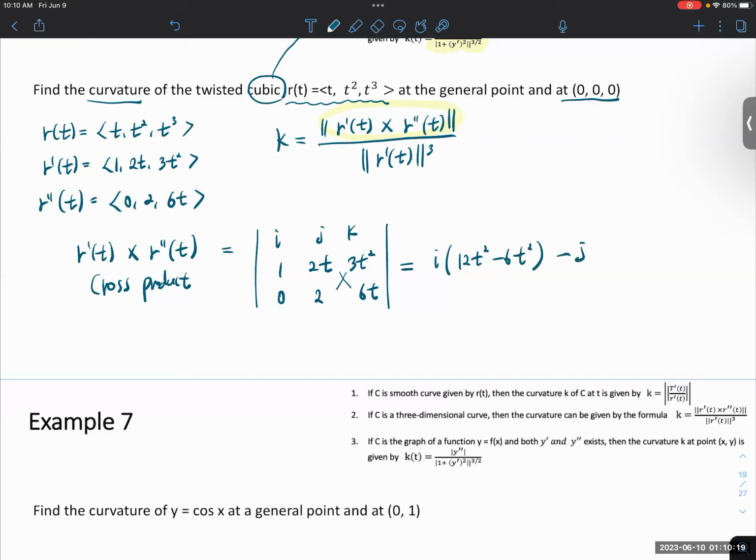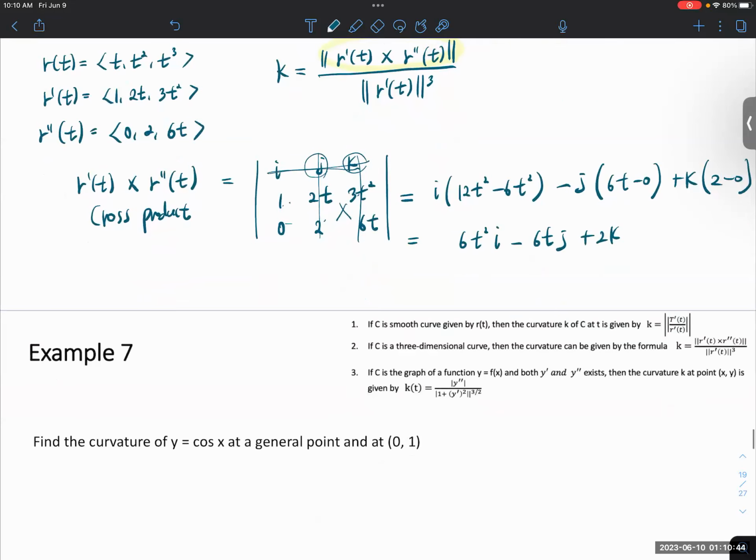And then minus j, you have this one, so you have those 4, so 6t minus 0. And then last one, k, we have here, and then you have 2 minus 0. So therefore, this is 6t squared i minus 6t j plus 2k, which means this is your cross product.